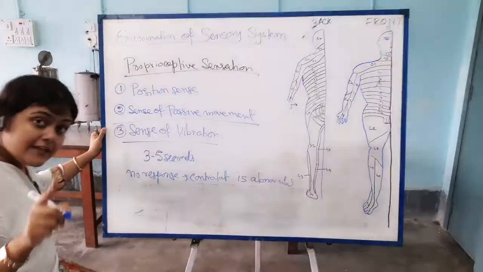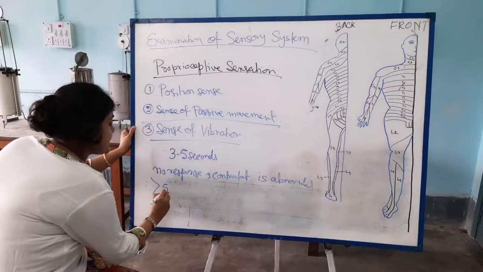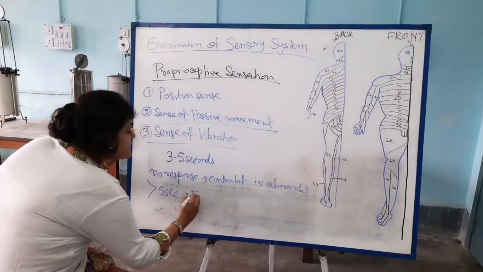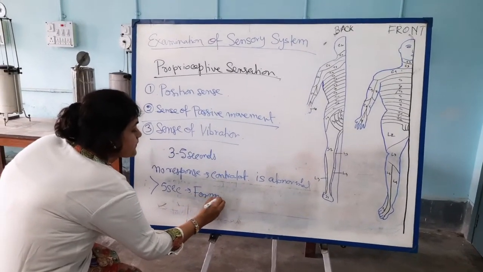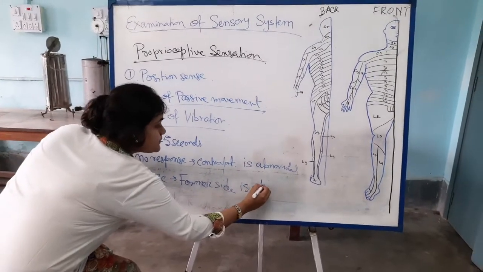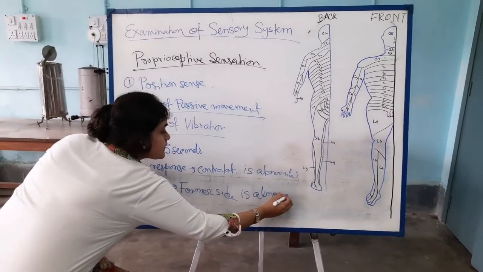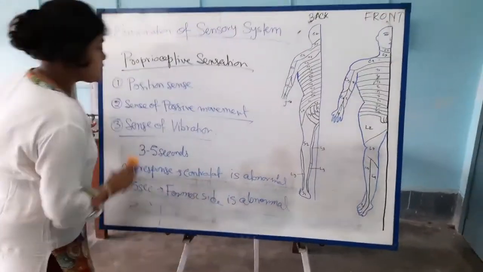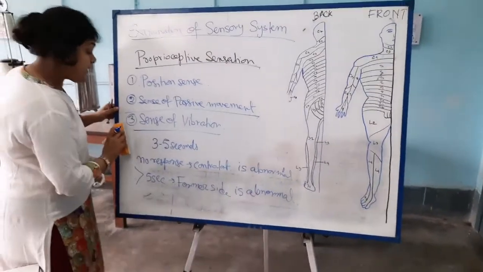If he can feel vibration for more than 5 seconds, that means the former side is abnormal. So this is the sense of vibration.